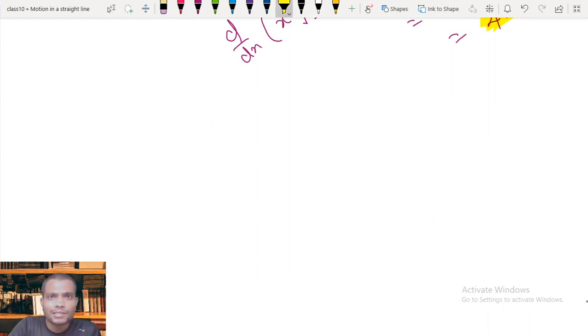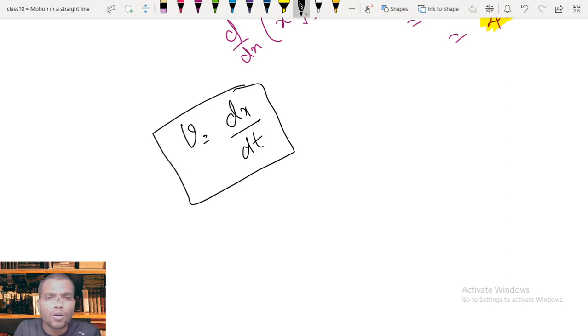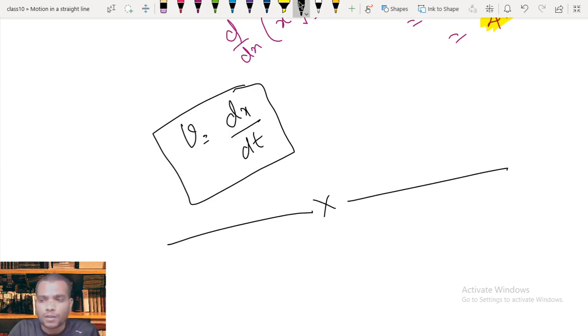So finally I can say here, the new formula for instantaneous velocity is nothing but dx by dt. It is also the rate of change of position, which is known as instantaneous velocity. Or if you take speed also, the rate of change of position is known as instantaneous speed. So they both are the same.